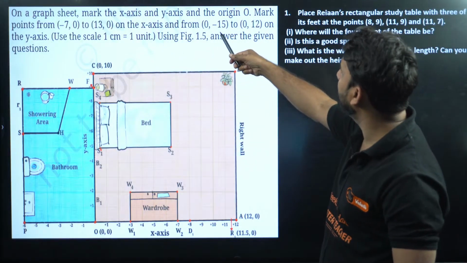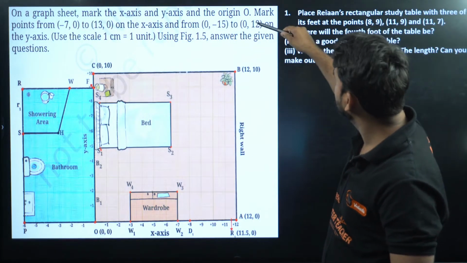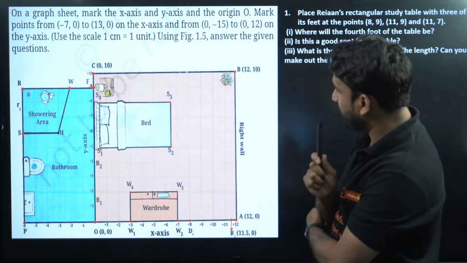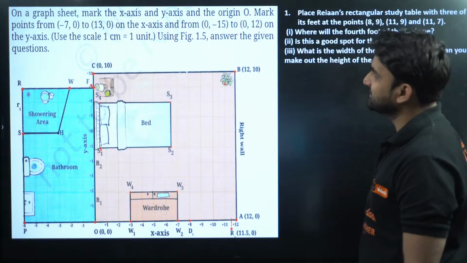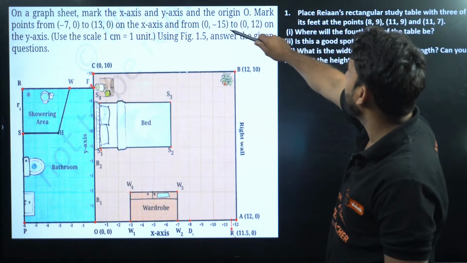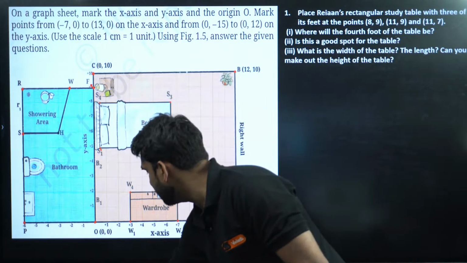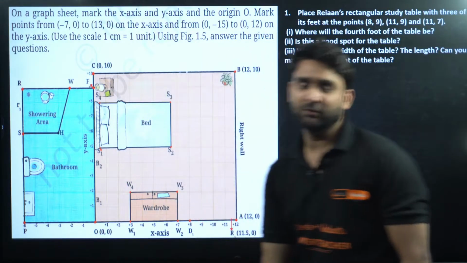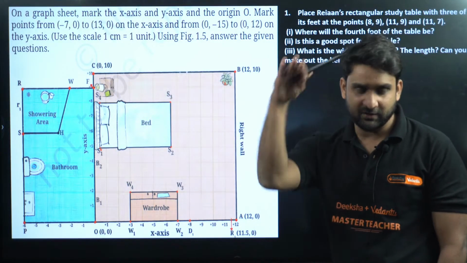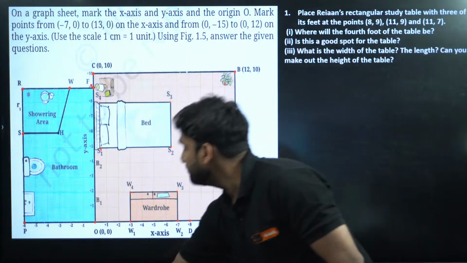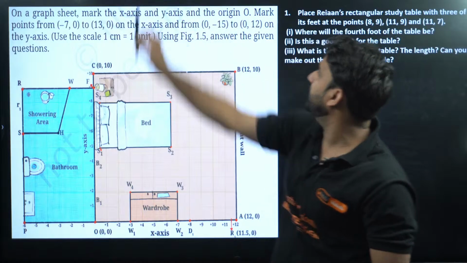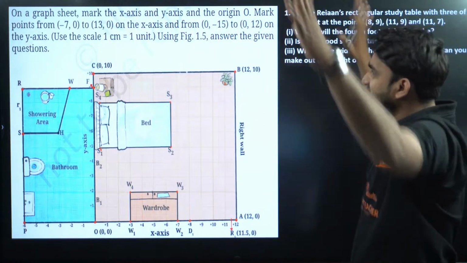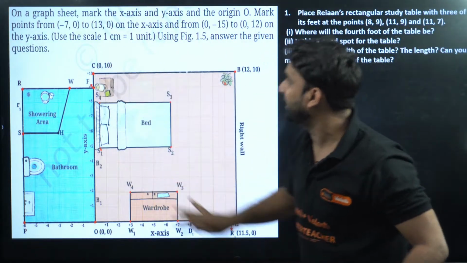And from 0, -15 to 0, 12 on the y-axis: the y coordinates go from -15, downward negative values, which is not visible, to positive 12. So basically this is the range of the graph paper that we have taken here.